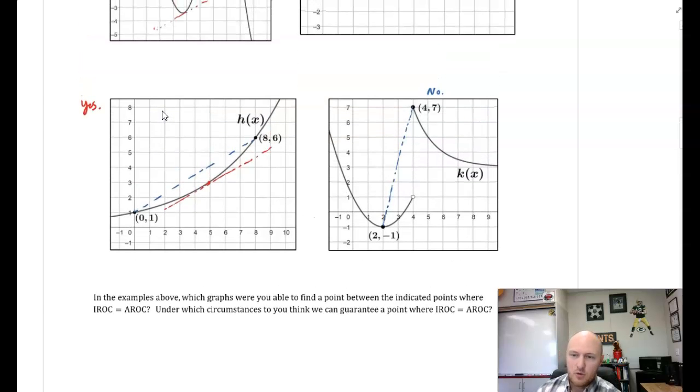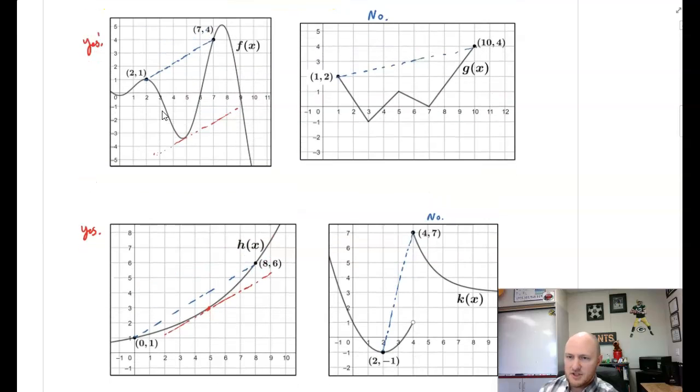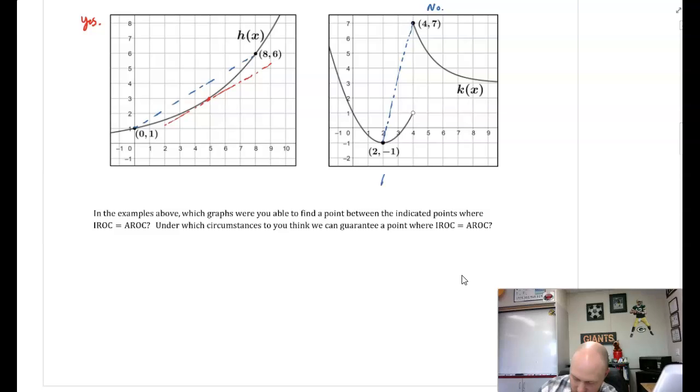Well, we were able to create these two instances for f of x and h of x, okay? We are not able to find them for g of x and k of x. Now, what's the difference between these two functions? Well, I can tell you right away, k of x is not continuous.